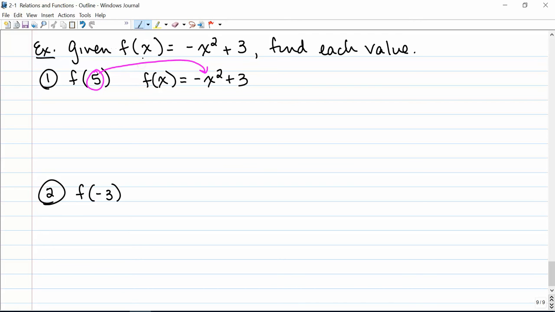It's just a simple substitution. So f of 5 is equal to negative 5 squared plus 3. So that's going to be negative, and notice it's not a negative x that's squared. It's x squared with a negative 1 in front. So that's going to be a negative 25 plus 3, or f of 5 is equal to negative 22.